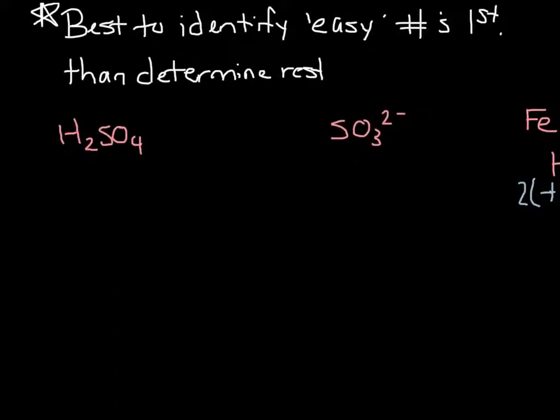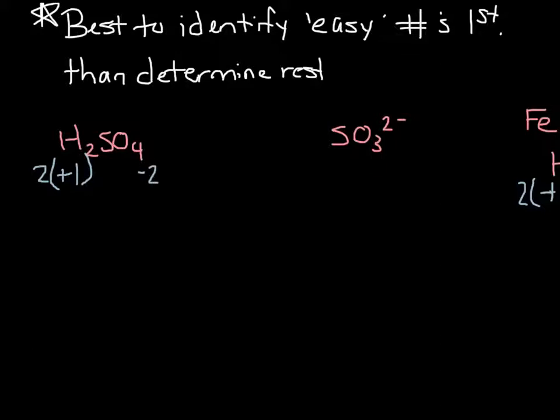And then just getting a little bit more complicated. Here we have H2SO4. Again, it is a neutral compound, so we need to make sure all this equals 0. Here we have hydrogen, so I'm going to write a +1. We do have 2 of them, so keep that in mind. Here we have oxygen, and it's not in a peroxide, so we have a -2 charge.